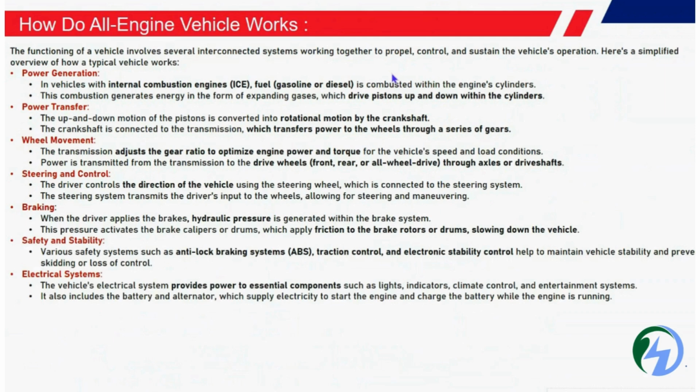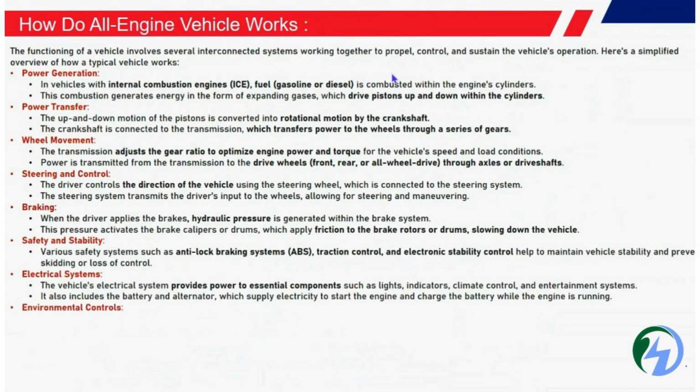And the temperature inside or outside should be well maintained in the vehicle. It also includes the battery and alternator, and how the power is distributed from the engine. In the same way, the battery is a main player, and it distributes the power.